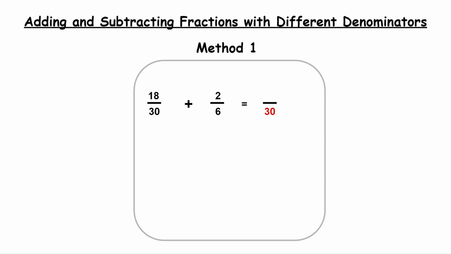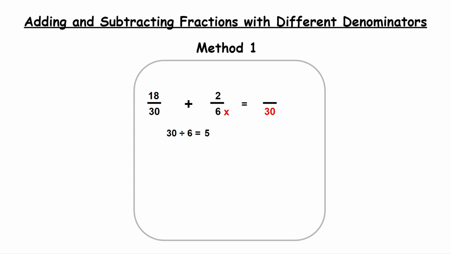So now that we've extended our first fraction to a denominator of 30, let's do the same for our next fraction, 2 over 6. So let's ask ourselves the same question. What can we multiply our denominator 6 by to equal 30? Well, that question can be answered by dividing 30 by 6.